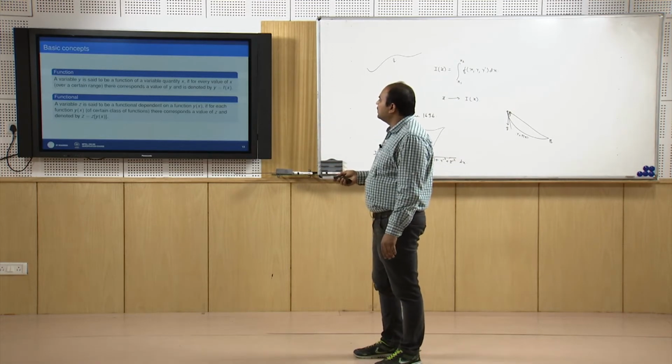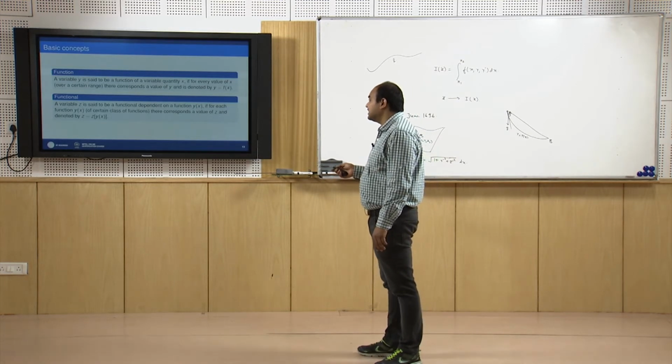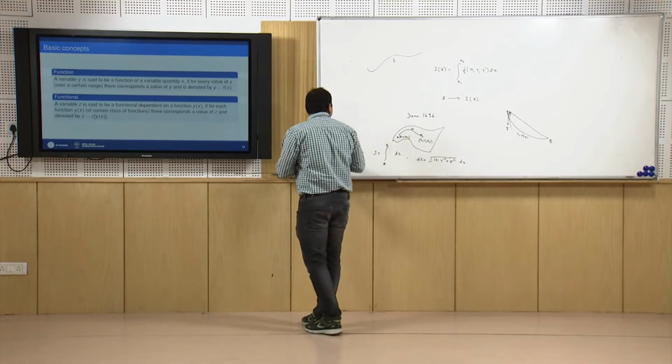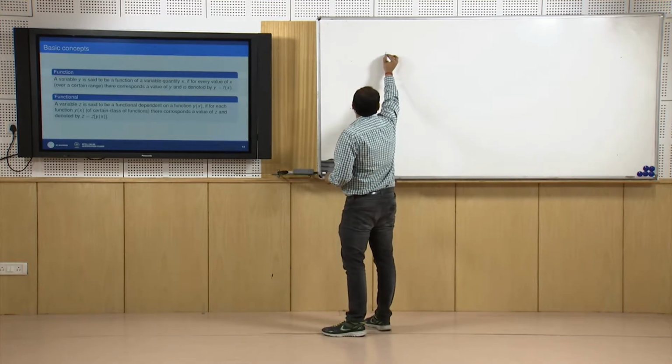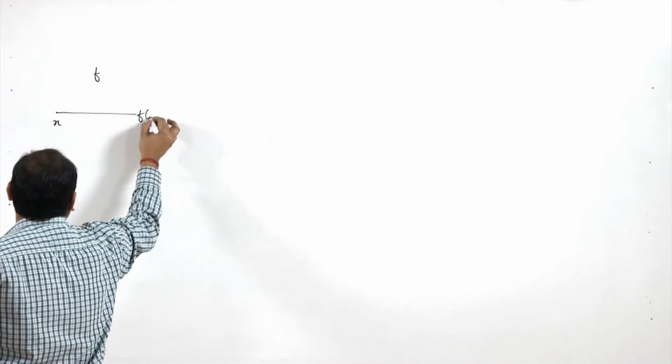We say a variable y is a function of a variable quantity x if for every value of x, ranging over a certain range where y is defined, there corresponds a value of y, and that value we denote as a function of x. So in a function, given any x, you relate it to f of x.